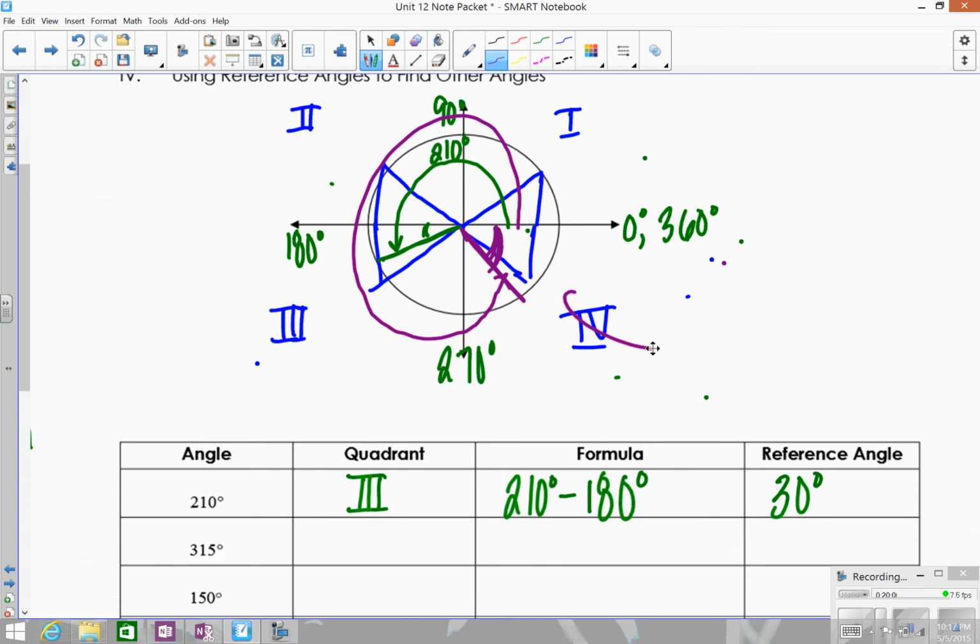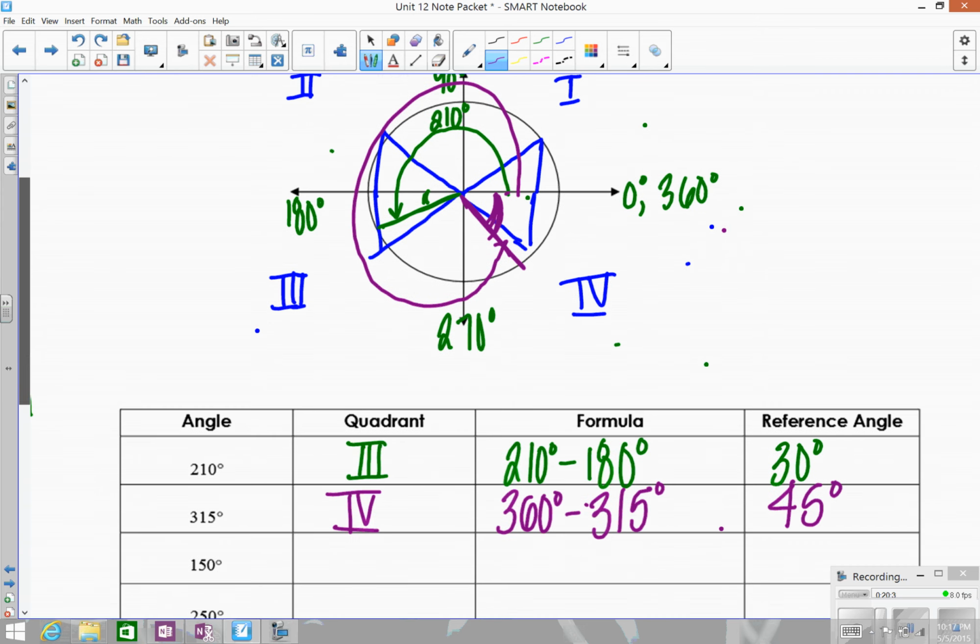So I'm in the fourth quadrant for this. And in order to find the reference angle, I would do the entire circle, 360, minus the section I don't want, which is the 315. And that'll leave me with the reference angle. So 360 minus 315, and we get 45 degrees. So the reference angle is 45.